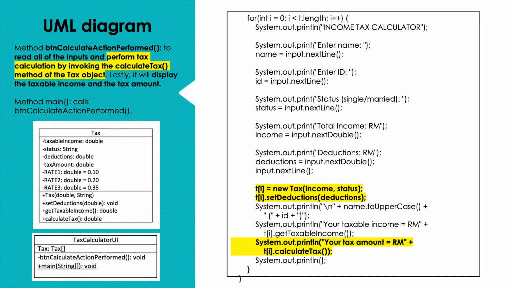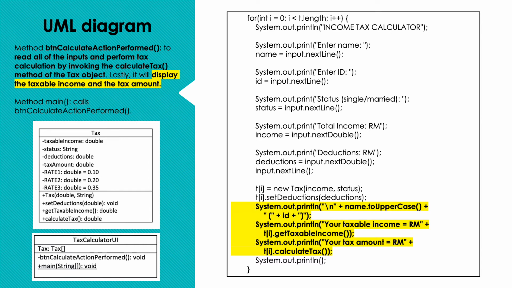And to call the calculateTax, I can have a local variable and save whatever value from calculateTax into the variable. Or I can use it as what I have written over here. So I wrote the System.out.println straight away, and it should display your tax amount equal RM, and then it calls the method straight away, t[i].calculateTax.